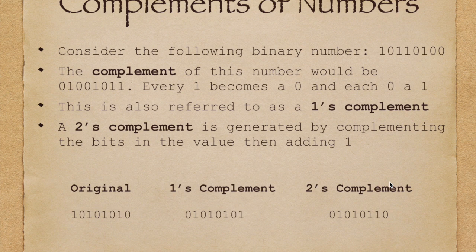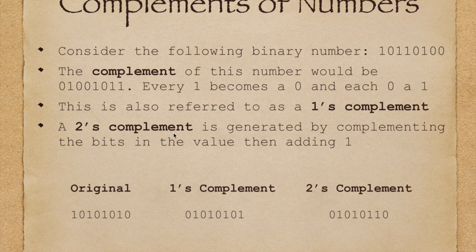If you wanted to generate the complement of that number, every place there's a 1 in that number, it becomes a 0, and every place there's a 0, it becomes a 1. So we started with 1 0 1 0 1 0 1 0. The 1's complement would then be 0 1 0 1 0 1 0 1.